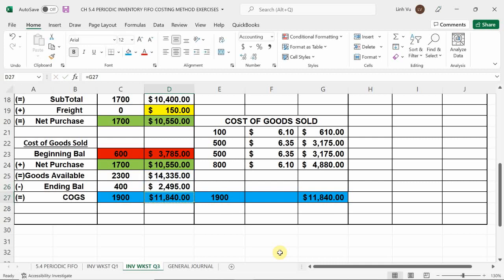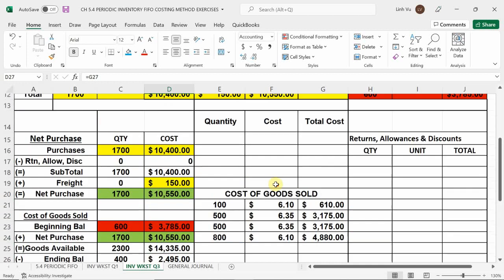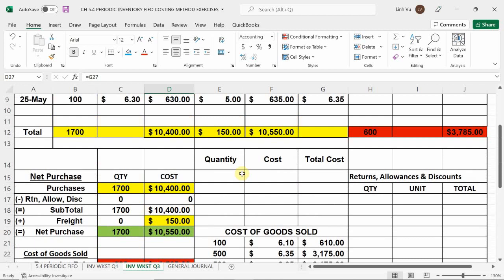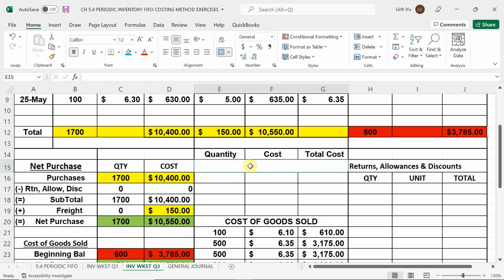Well, in this case, it's 24.95. How did I get this number? Well, let's create that table for us real quick and figure out how we got that number. So in this case, this is my ending balance. Let's take a look.